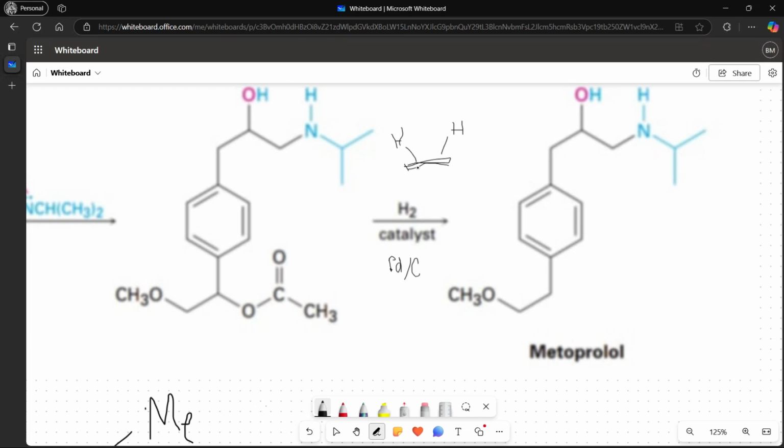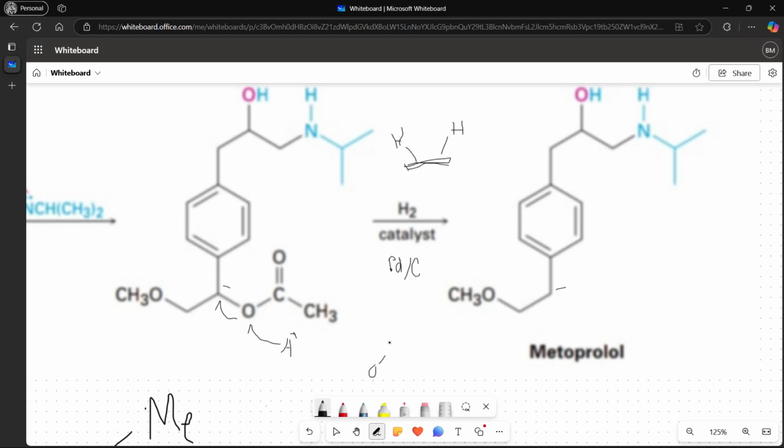So what's going to happen is that your catalyst carries the H over here, you have a proton here that's going to attack, and then it's going to jump on this one, forming a negative charge on this side. Okay, so let's put a negative here, forming a negative charge on this carbon over here, and then your O is going to detach as an ester.